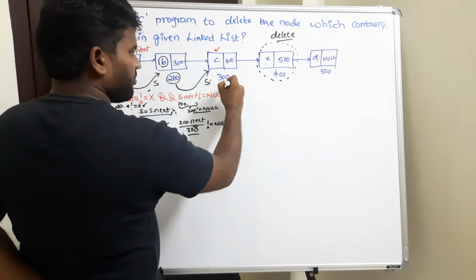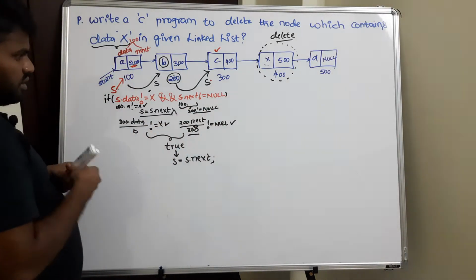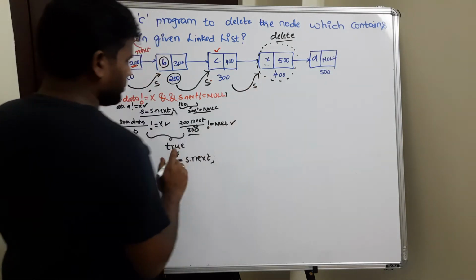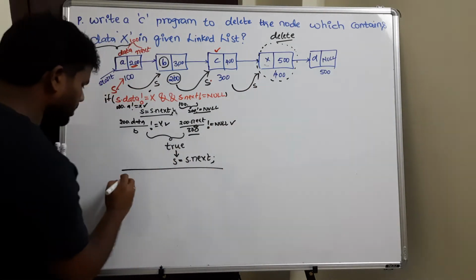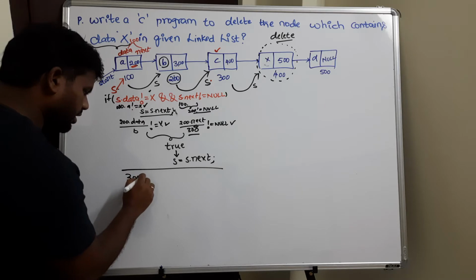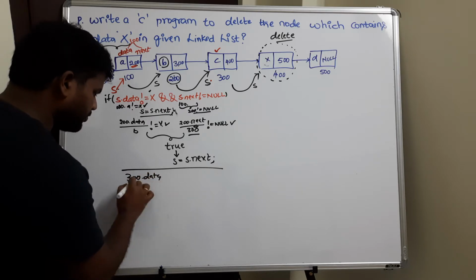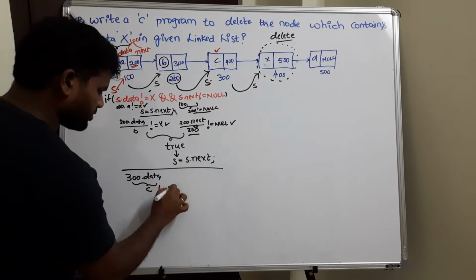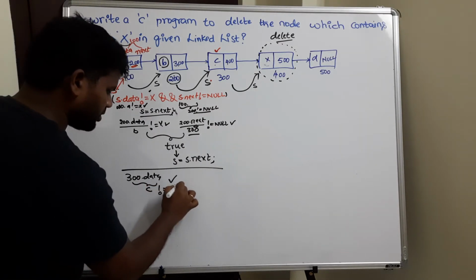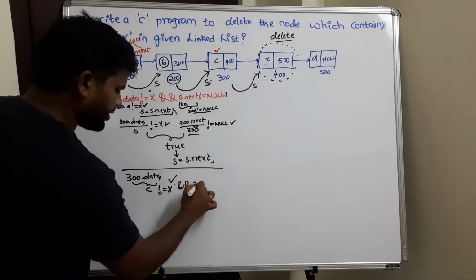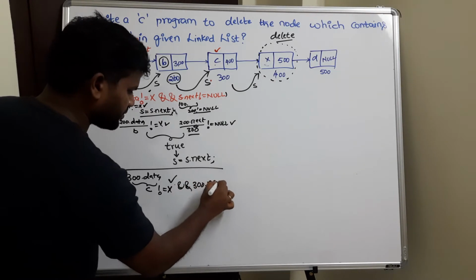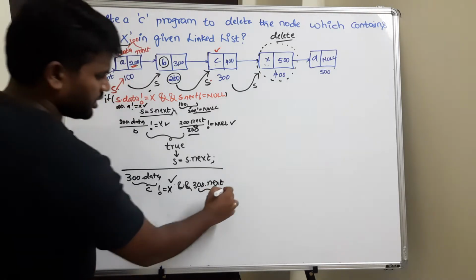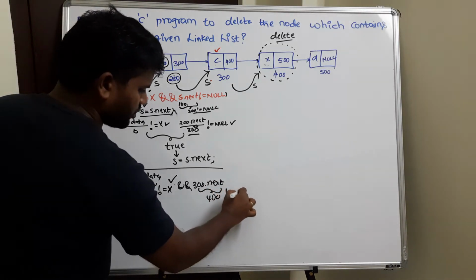So we move forward and came here. 300 dot data gives c, not equal to x, true, and 300 dot next gives 400, not equal to null, true.